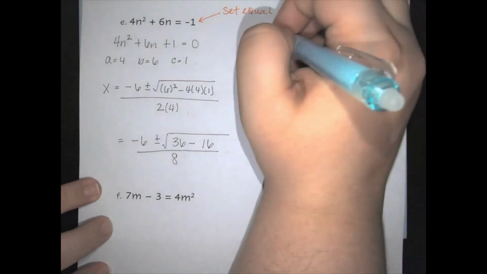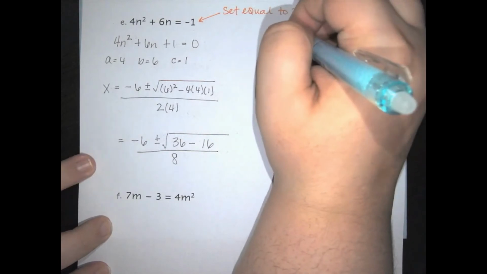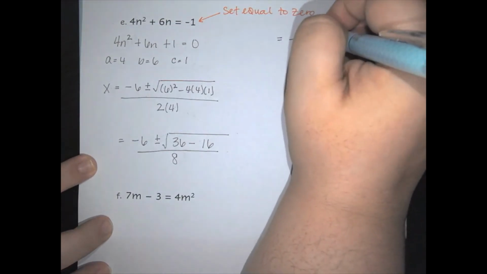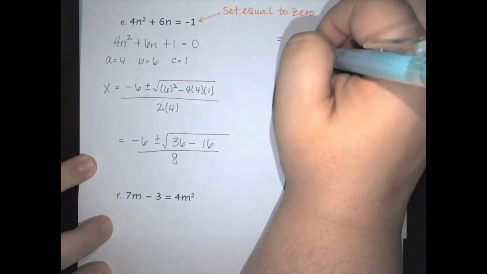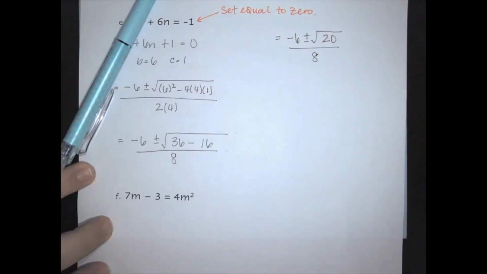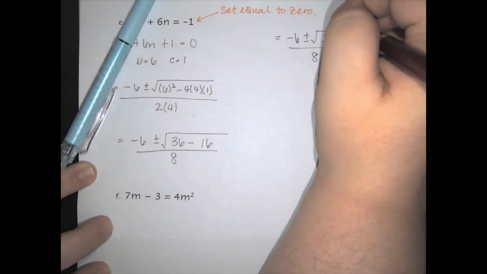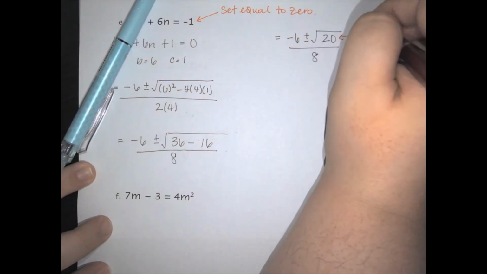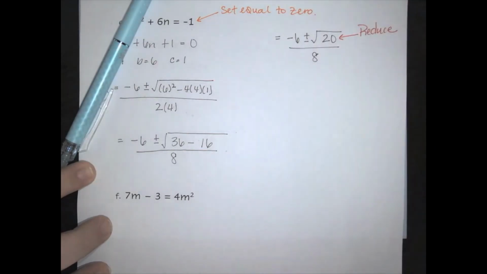So we can keep working on reducing. So we're going to have negative 6 plus or minus 36 minus 16 gives us 20, and again all over 8. Now here you need to make sure that we reduce the radical.